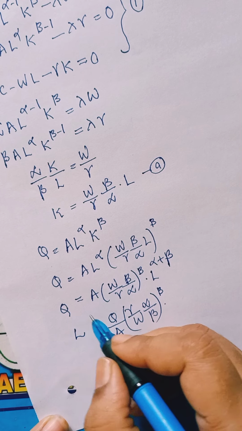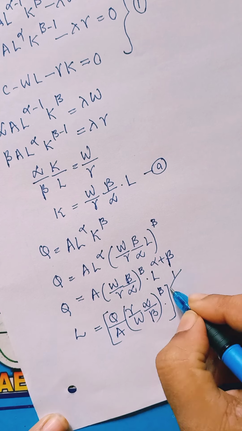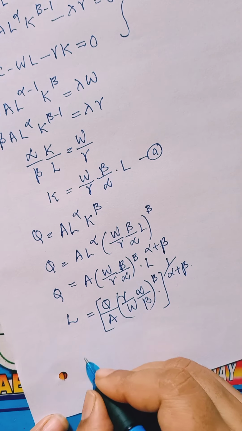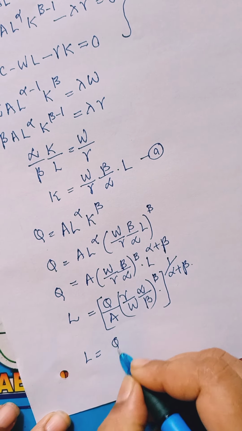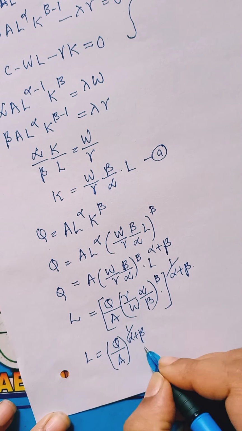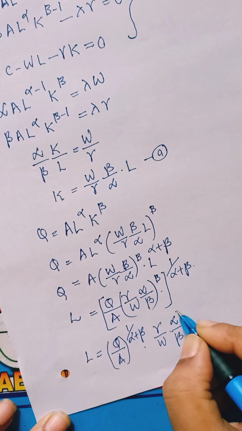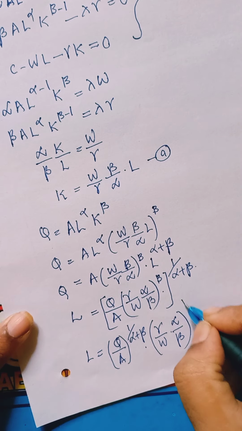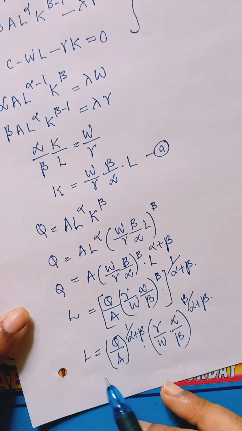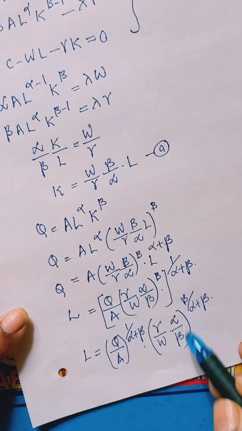When it reaches the other side, it will become whole raised to 1 divided by alpha plus beta. That is L is equal to Q by A whole raised to 1 by alpha plus beta into r by w into alpha by beta whole raised to beta divided by alpha plus beta. Then we obtain L is equal to Q by A, r by w, alpha by beta.